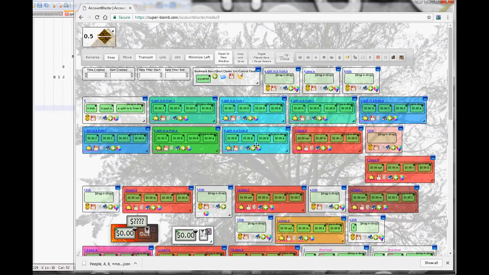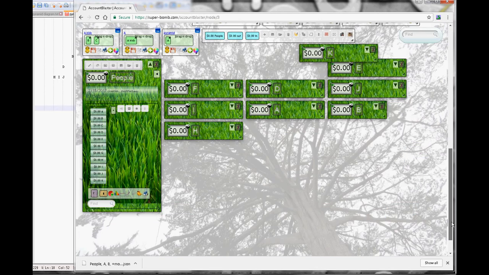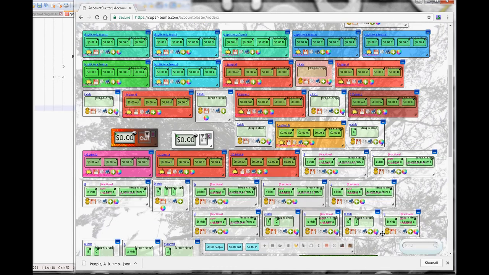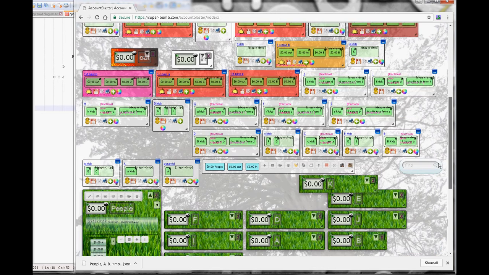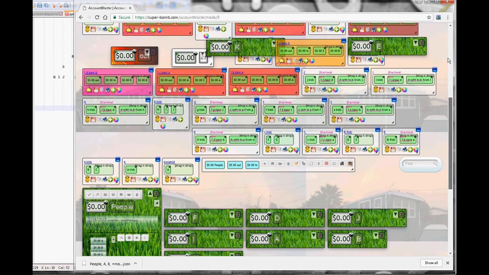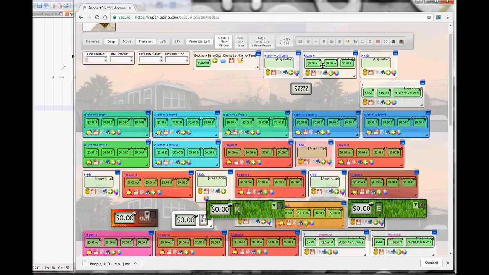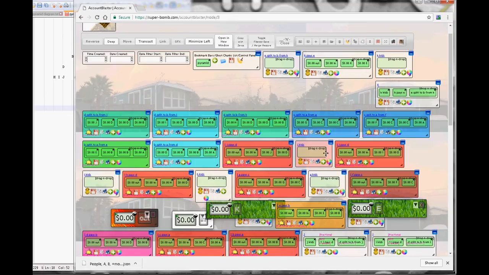This is the payment trigger, out, in, and K and E. K pays E. And I made those accounts reddish, orange.